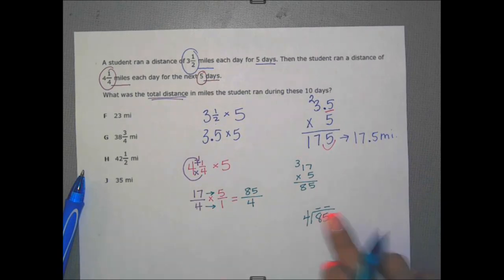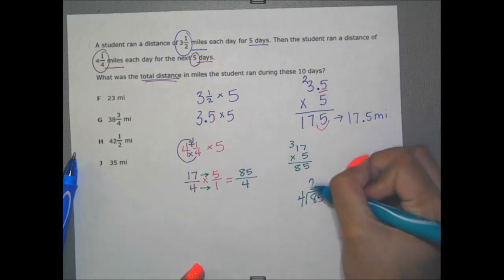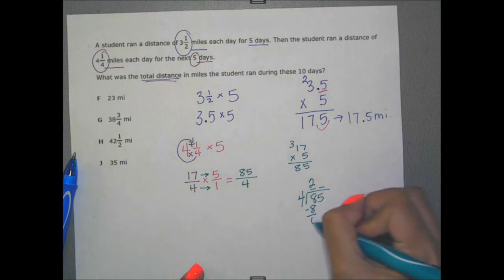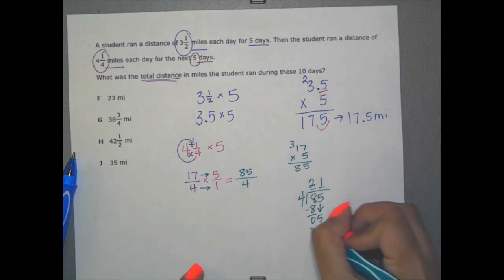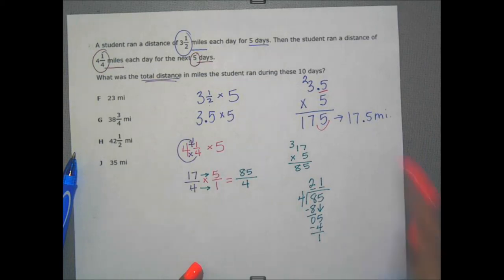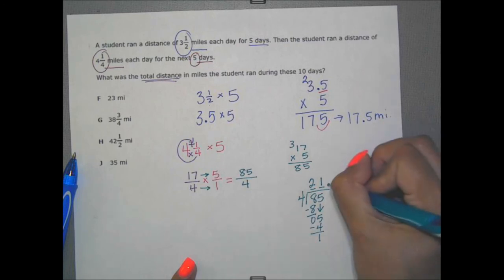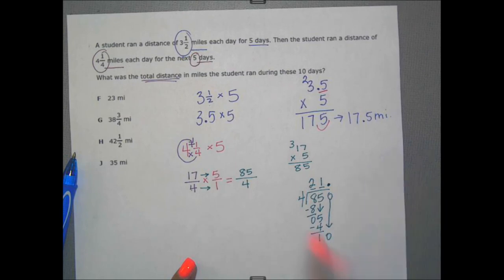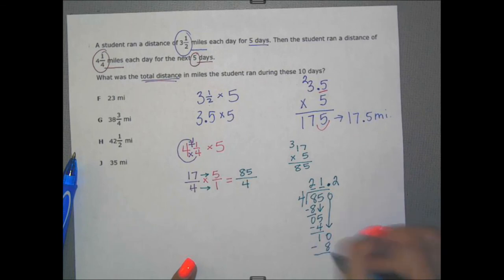So 4 goes into 8 2 times. That is 8. Four goes into 5 1 time. Now, I have decimals that I'm working with here, so I'm going to keep going and turn this into a decimal. So I'm going to add my decimal, add my 0. 4 goes into 10 2 times. 8.